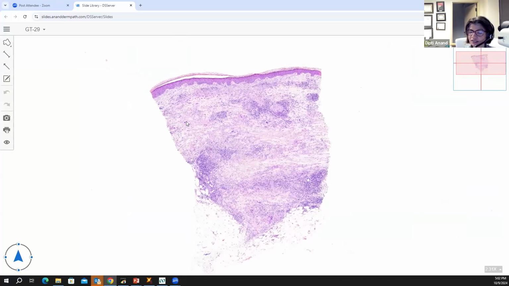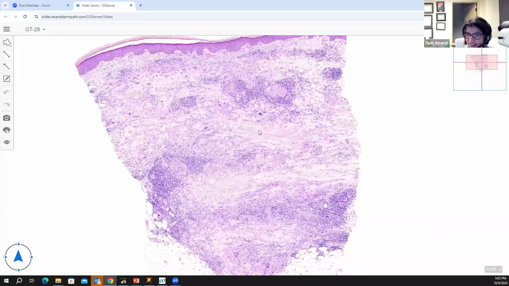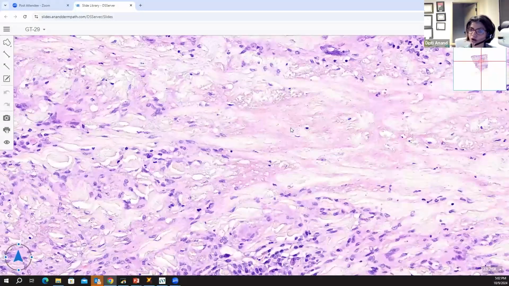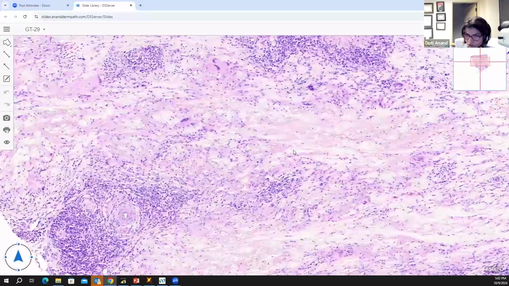So you can see that there is one layer of granuloma, another layer, then another layer, then another layer. And the cream of the cake is the sclerotic collagen. So this is the dense sclerotic collagen, which is very different from what the necrobiotic collagen in GA looks like. And plus, it doesn't have mucin.